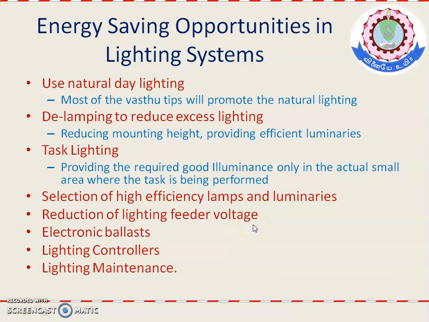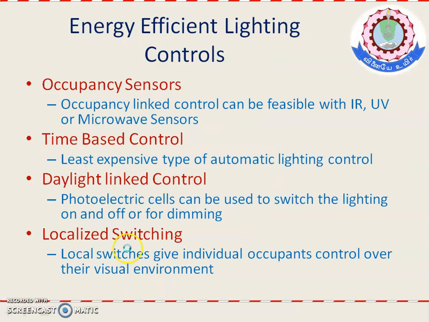Suppose in your houses the lighting load alone can be connected in a single line, then that line voltage can be minimized, which may not be feasible in houses, but in industry it is feasible. The lighting feeder voltage alone can be minimized by some 10% or so, and wherever it is possible you need to use the electronic ballast, and you need to go for the lighting controllers that we will discuss in the next video, and lighting maintenance.